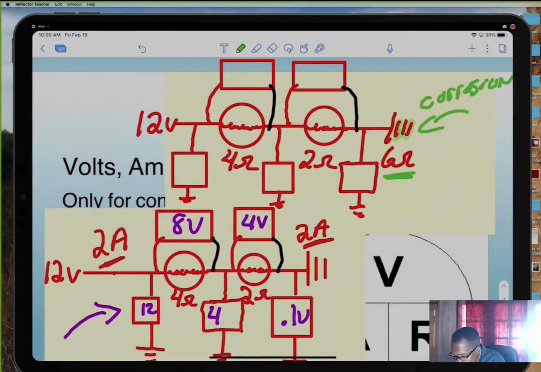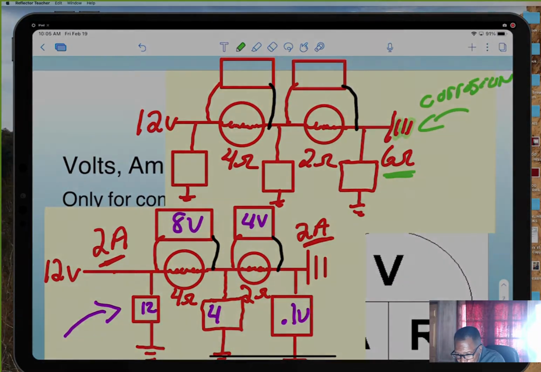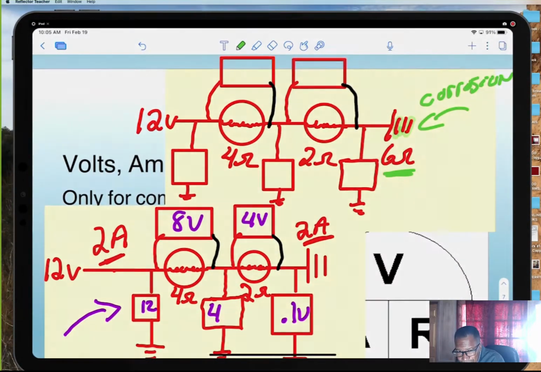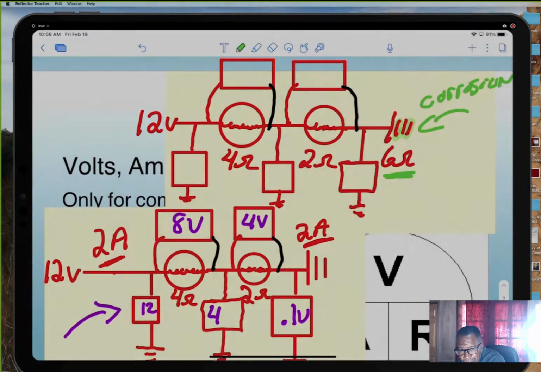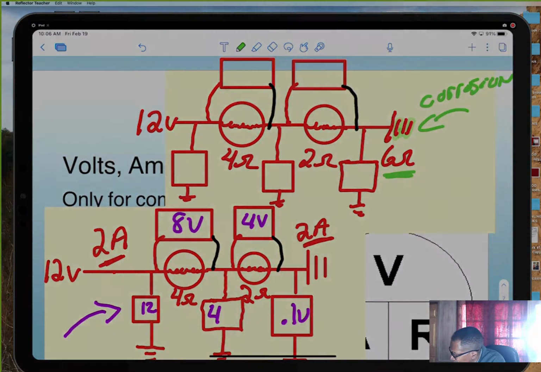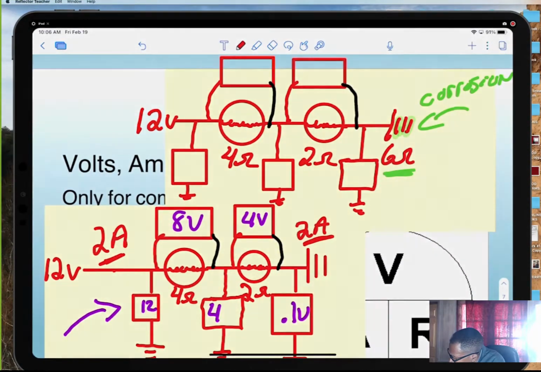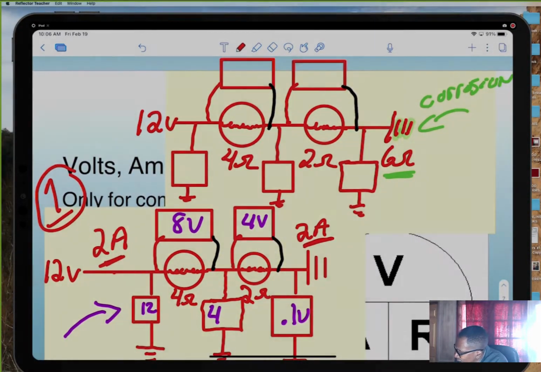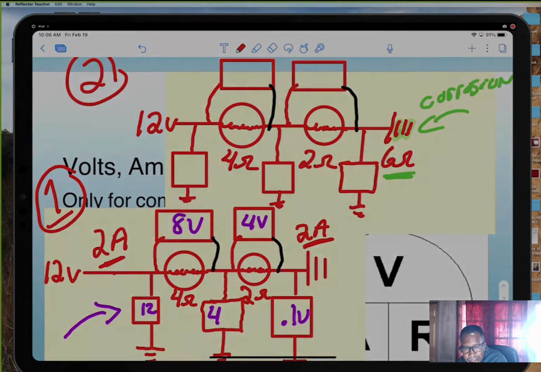How you find corrosion or a problem in the wiring is about what we're doing right now on this sticker. I'm going to show you in a second. Now it's the same circuit, except number one here was a good circuit. Number two has a problem.